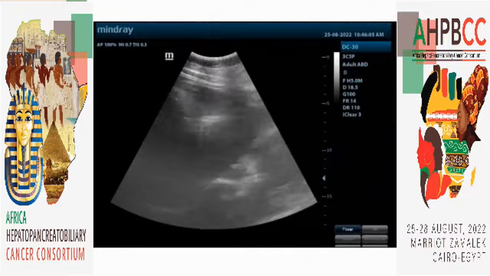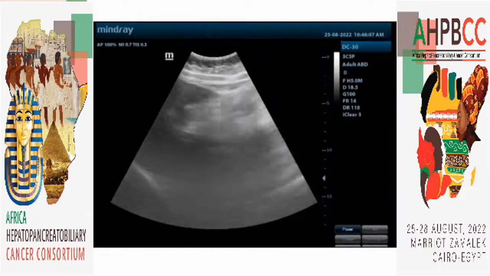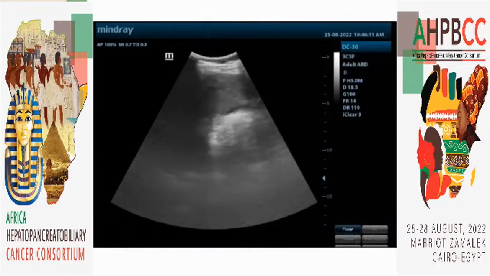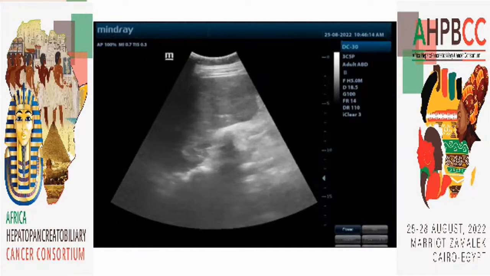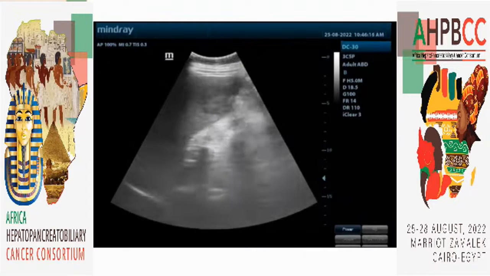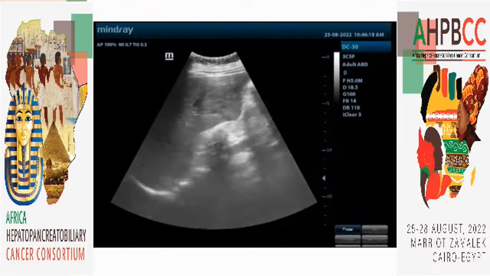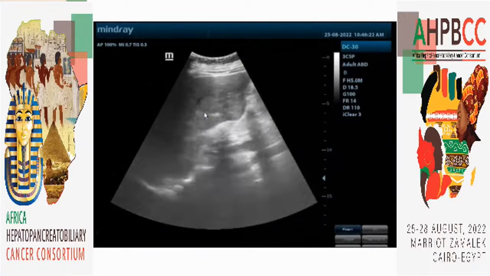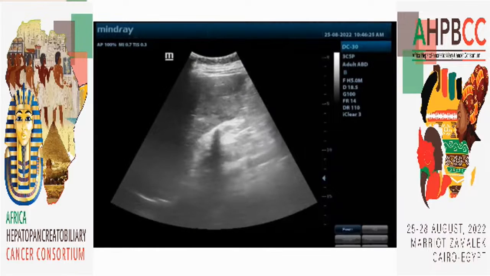When you see that the liver is not cirrhotic, this will increase the difficulty of the final diagnosis, of course. Because when you have a cirrhotic liver with a focal lesion, it is liver cancer until proved otherwise. If you have a normal liver with focal lesions, you have a lot of differential diagnosis.